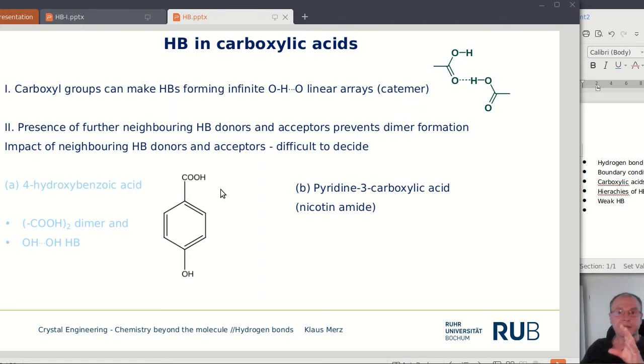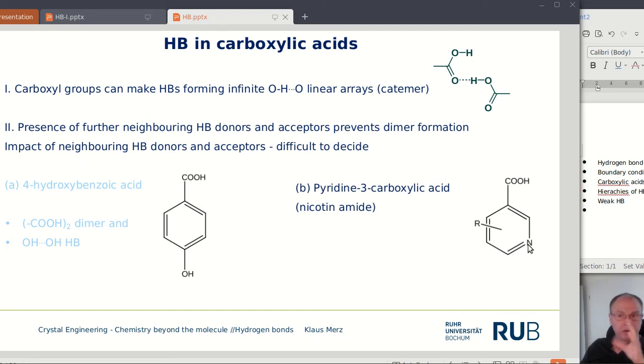In the other case, I will show you pyridine carboxylic acid, in the three position, nicotinic acid. Yes, the carboxylic group here, and this is the nitrogen group here in the backbone.